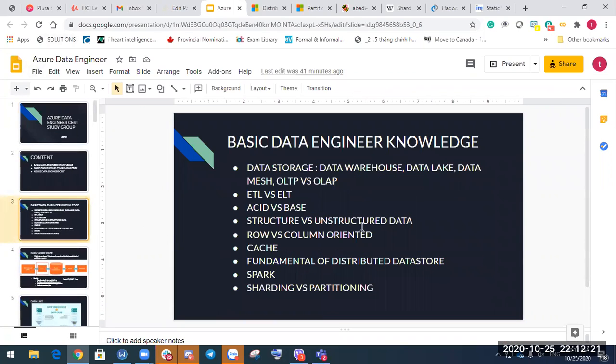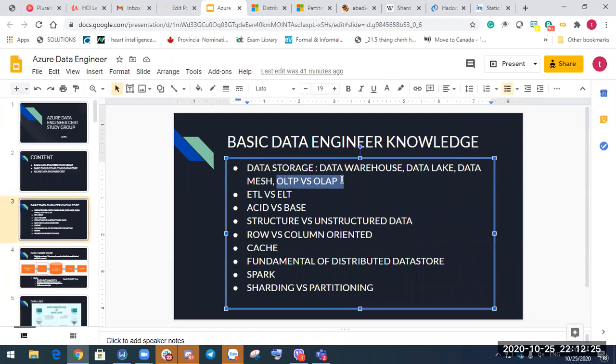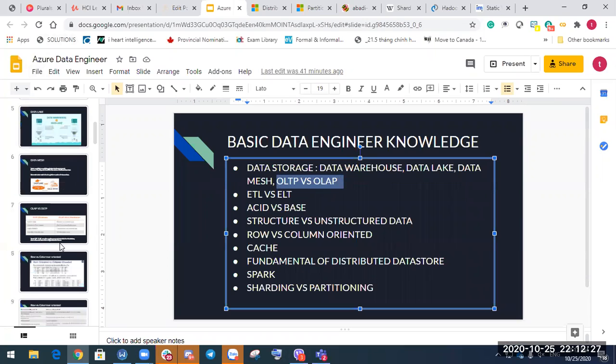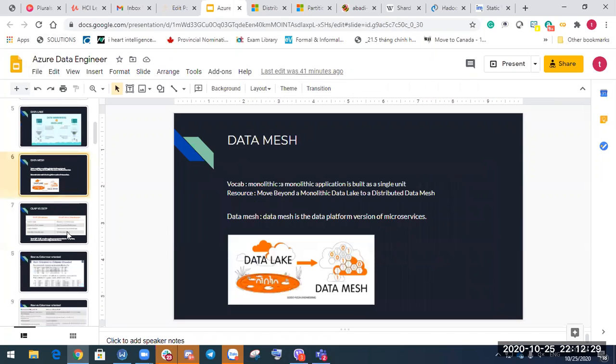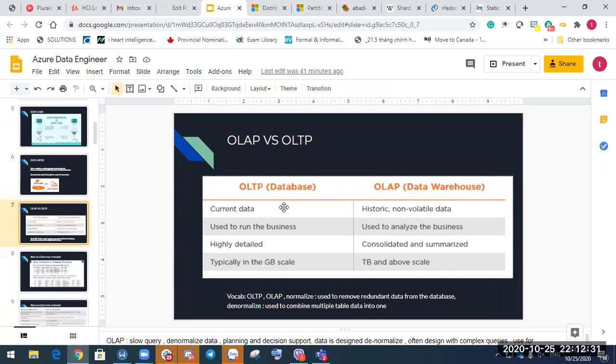Again, I want to stress that you need to remember OLTP and OLAP and columnar. Let me just go to the slide. OLAP and OLTP, and what workload is used for OLTP and OLAP, because it's very, very important. I cannot stress how important it is.